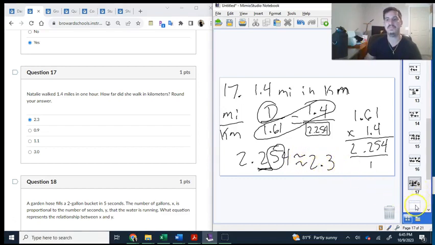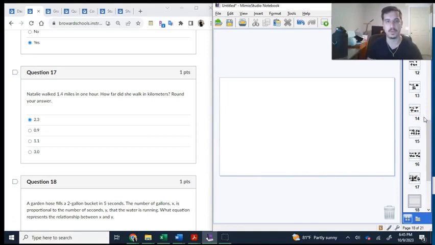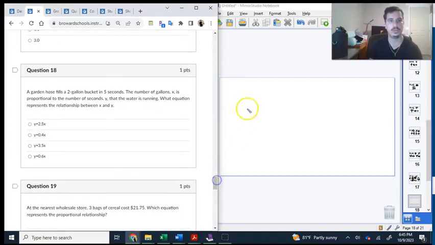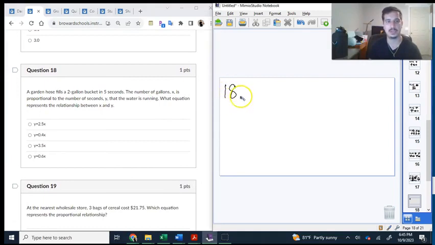All right, moving on. Number 18, and we're almost done. A garden hose fills a 2-gallon bucket in 5 seconds. The number of gallons is X. The number of gallons X is proportional to the number of seconds Y that the water is running. What equation represents the relationship between X and Y?